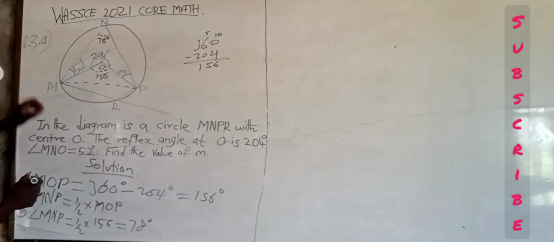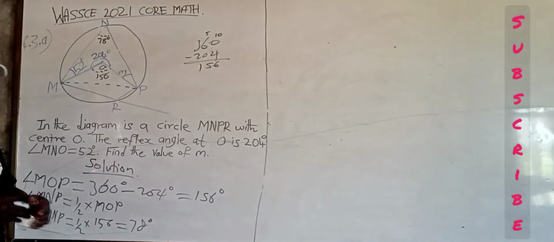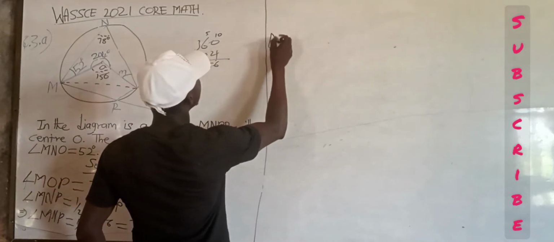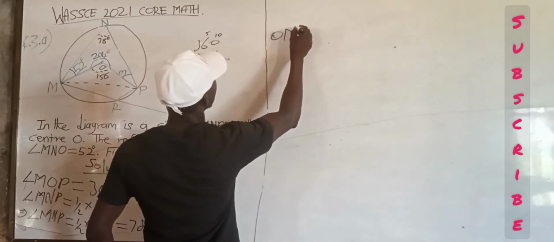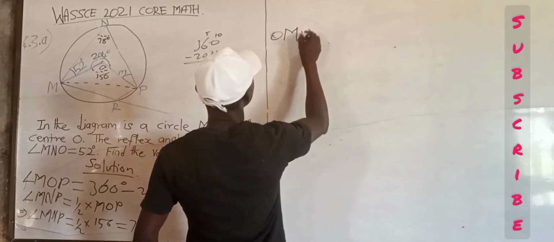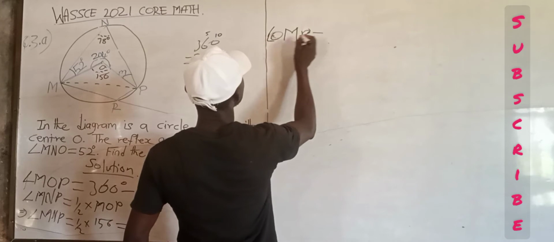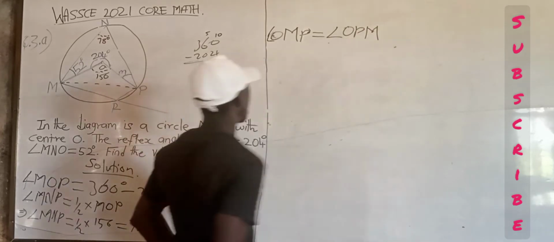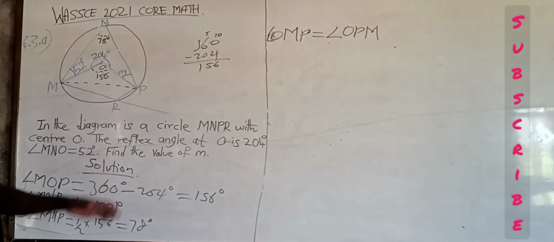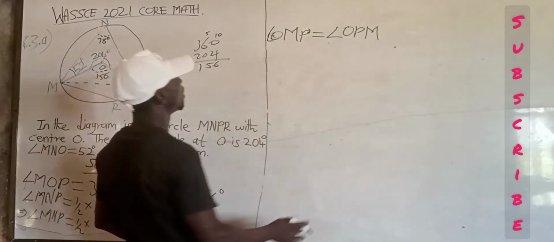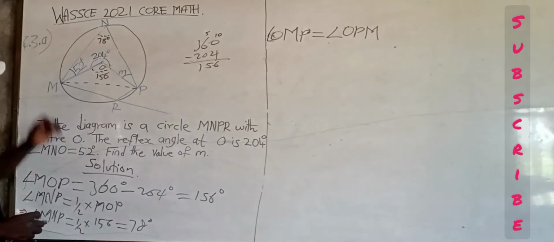So let's try to find the angle here: angle OMP equals angle OPM. We know that the angle here is 156.